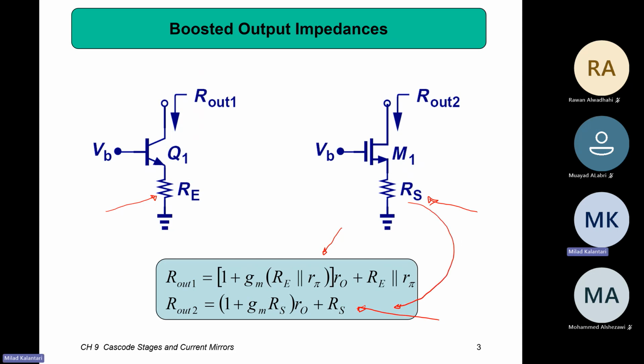How is this MOSFET and this BJT output impedance similar? So in fact, for the MOSFET, the r pi is going to be infinity. If you assume that r pi goes to infinity, you come up with the same equation for the MOSFET, right?